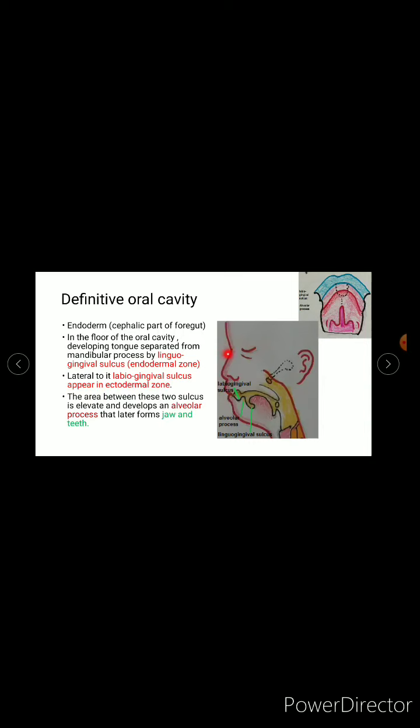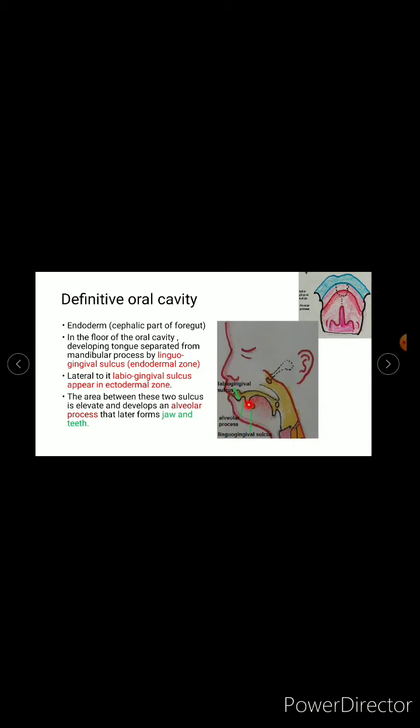Now, the definitive oral cavity is derived from the cephalic part of the foregut. In the floor of the oral cavity, this is the developing tongue, that is separated from the mandibular process by a sulcus. Here you can see this sulcus is known as the linguogingival sulcus, that is the endodermal zone.